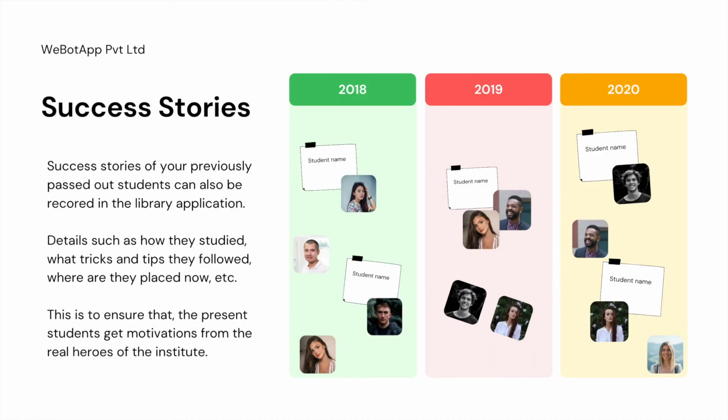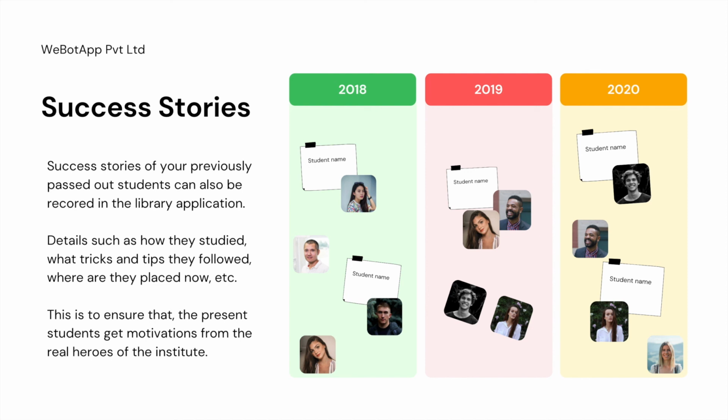So this is the last but not the least function of the library management system. Here, we have created a separate section for the students which is called success stories. We shall keep the success stories of your previously passed out students in your library management system, and it will help the present students stay motivated.